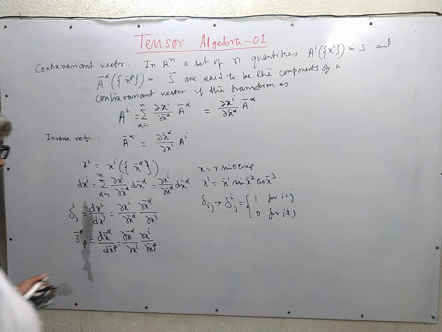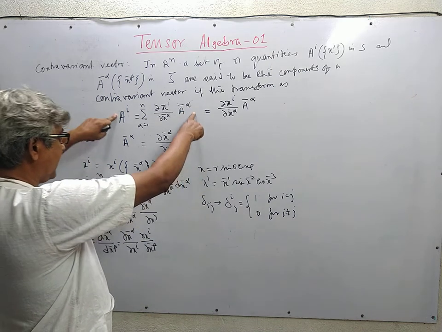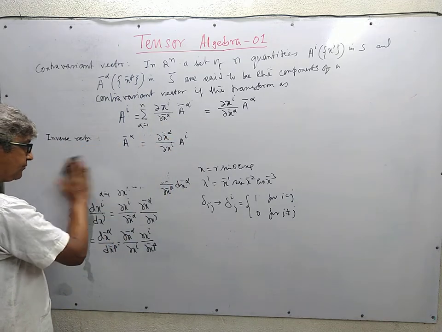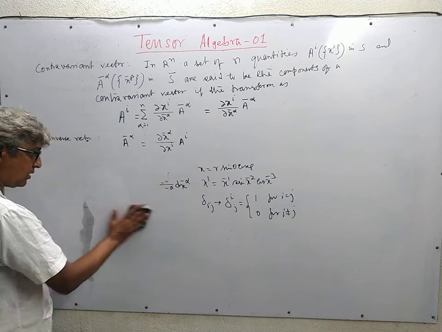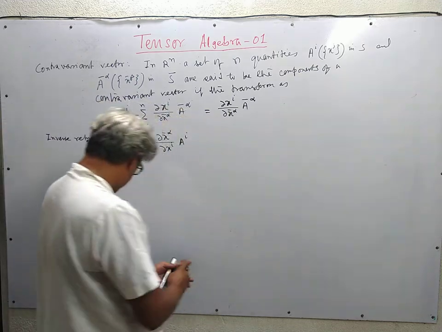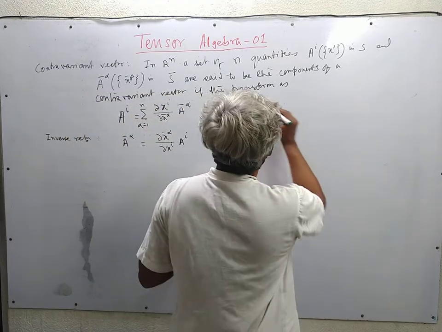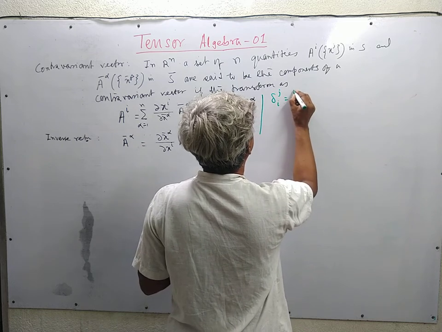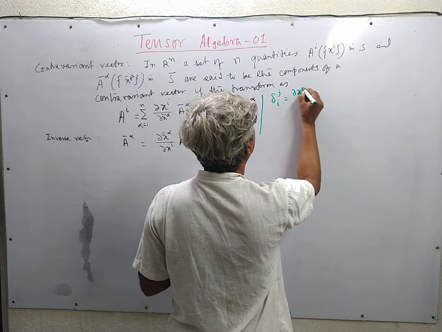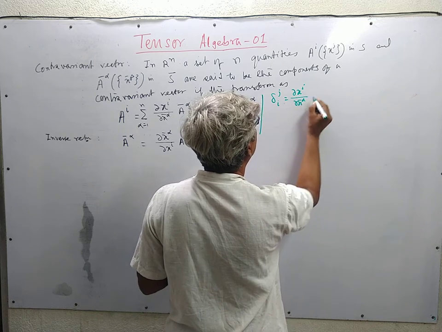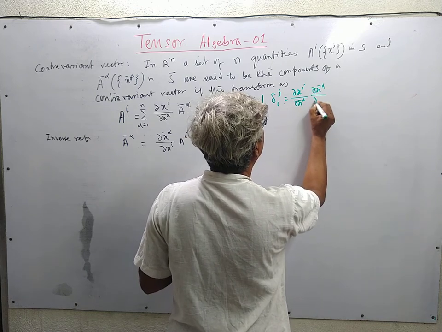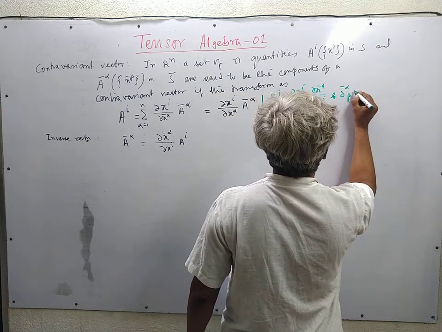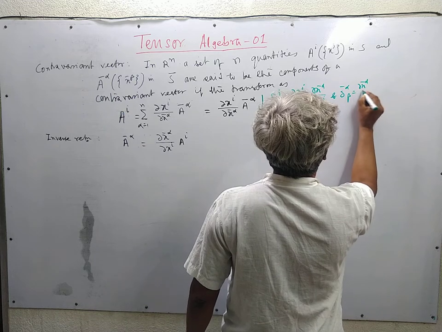So we start with this expression and will come to this relation. The relation that will be important is the definition of delta function, delta ij, and delta bar alpha beta.